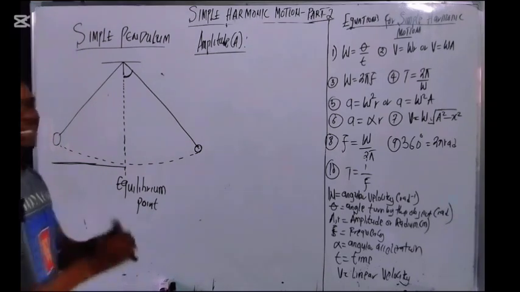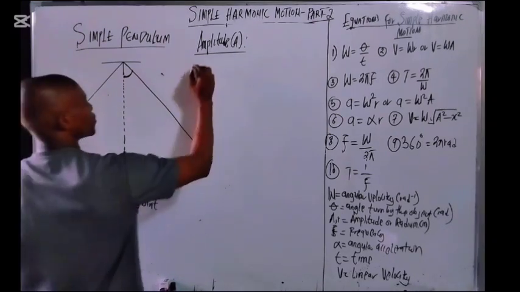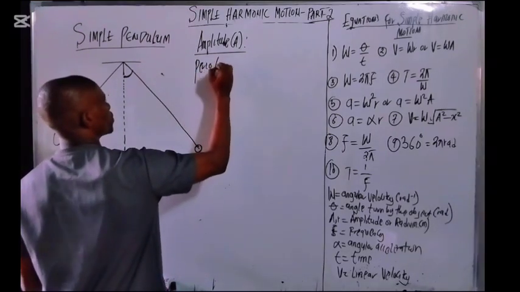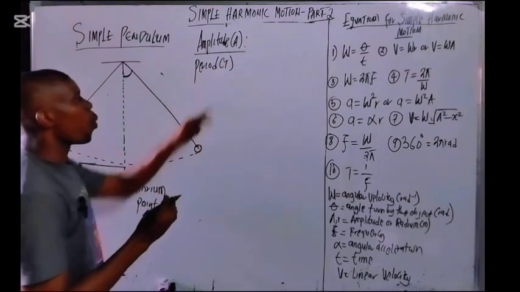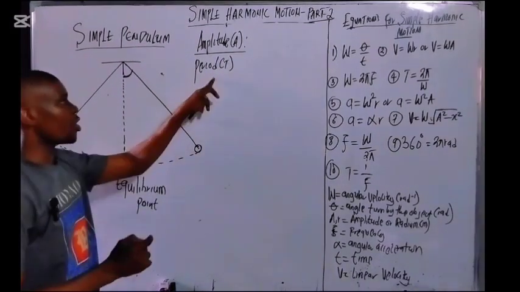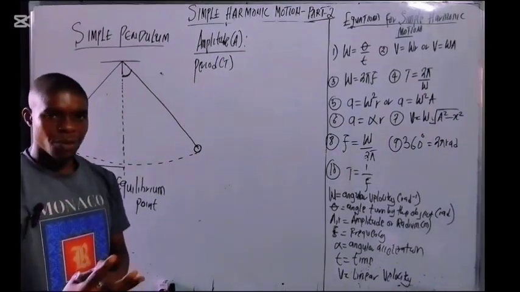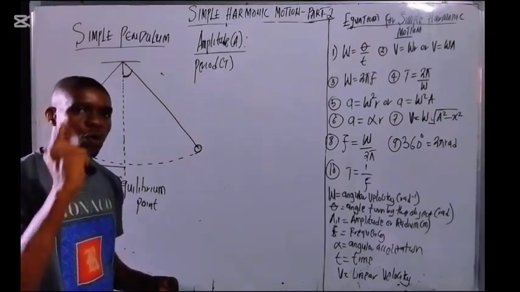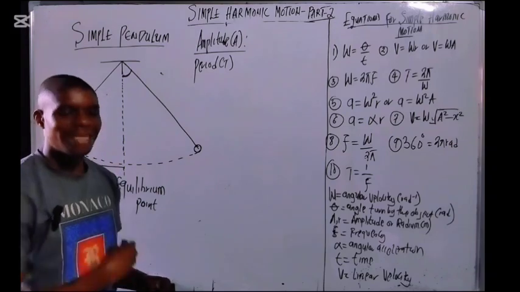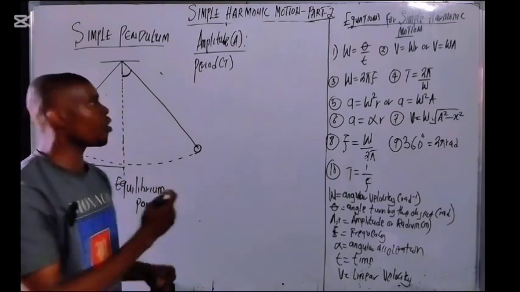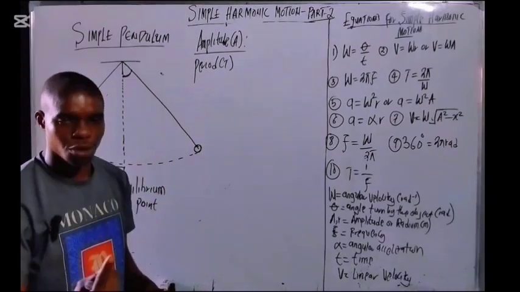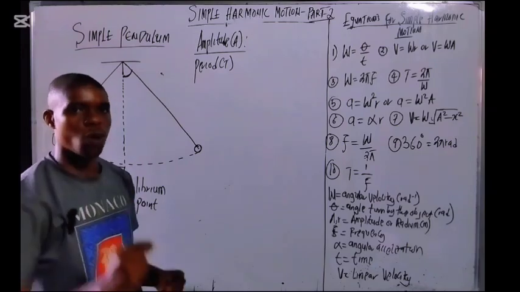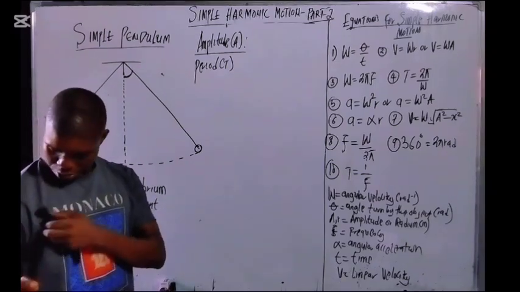Next, let's look at the period, T. Period is the time taken for an object performing simple harmonic motion to complete one cycle or one oscillation.